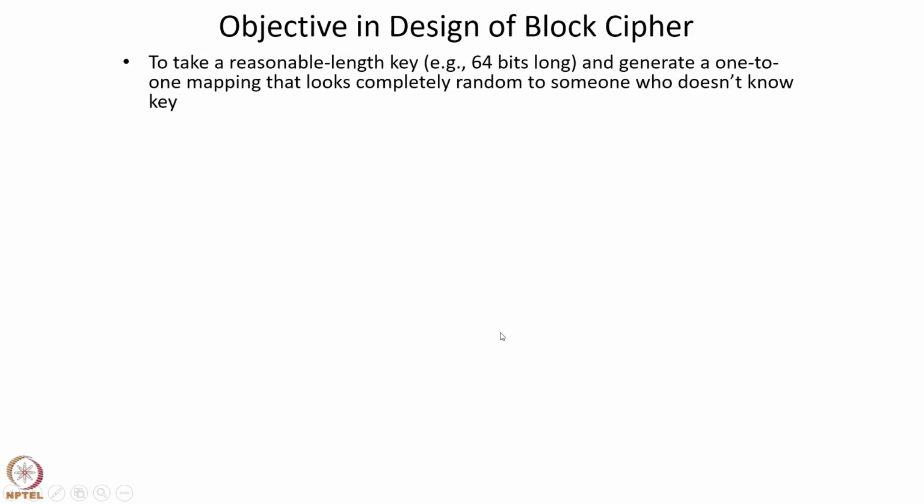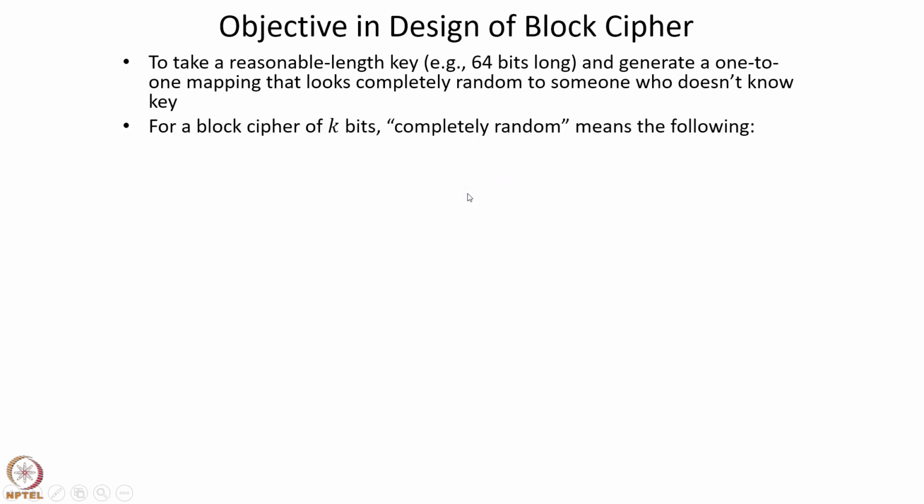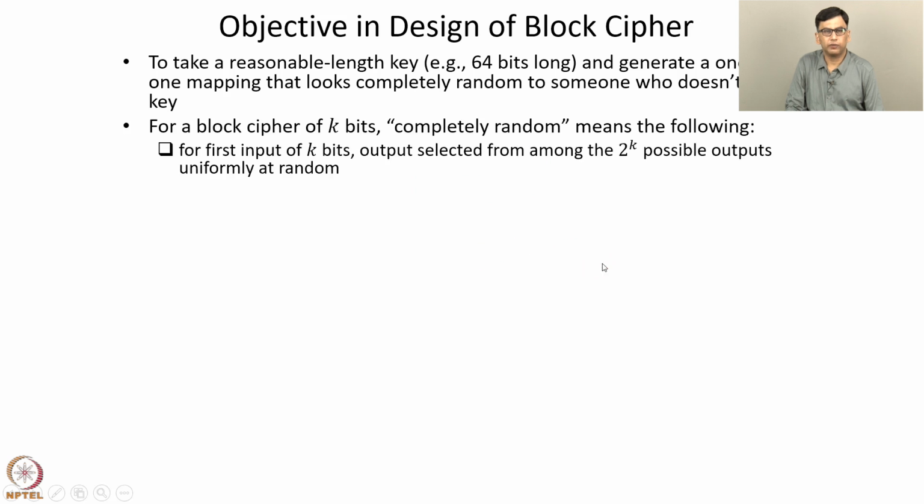What is the objective in the design of a block cipher? The objective is to take a reasonable length key, for example 64 bits long, and generate a one-to-one mapping that looks completely random to someone who doesn't know the key. For a block cipher of k bits, completely random means the following.